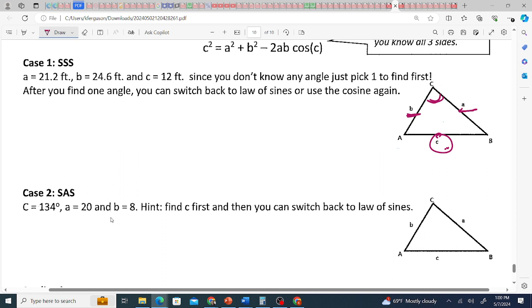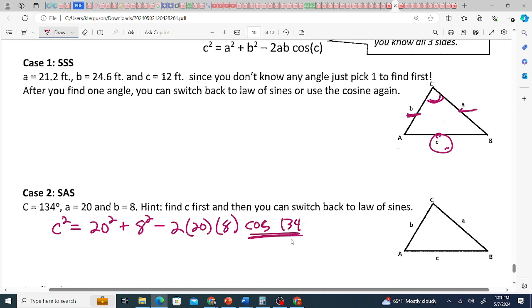So right here, I want to find side C. So I've got A squared plus B squared minus 2 times A times B times the cosine of 134.